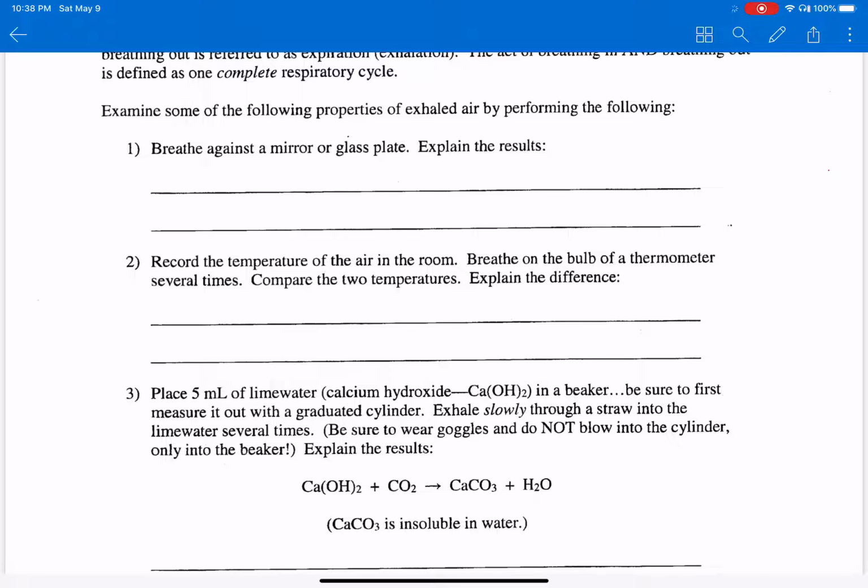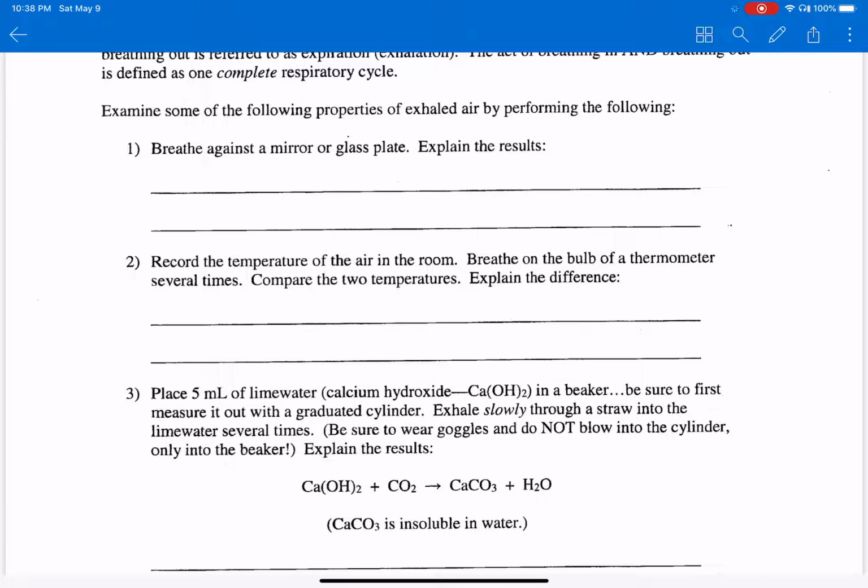It has a lot of water vapor in it because it's warmer than the ambient air within the room. So the air within the room is at room temperature, which is about 20 degrees C. The air within your respiratory tract that you just exhaled is a lot warmer. Now, it doesn't go all the way up to your basal body temperature, which is 37 degrees C, but it gets up there pretty close. And if you go all the way down to the level of the alveoli, the temperature will be at 37 degrees C, your basal body temperature.